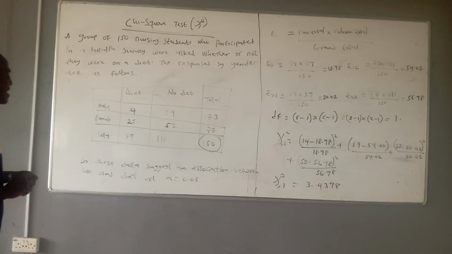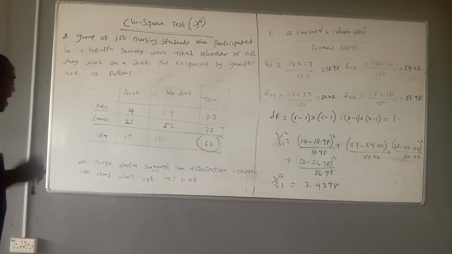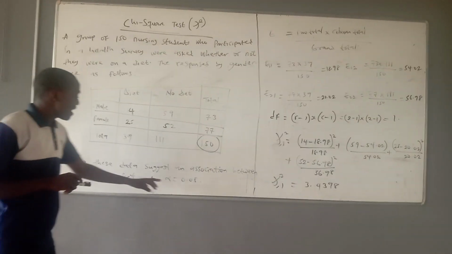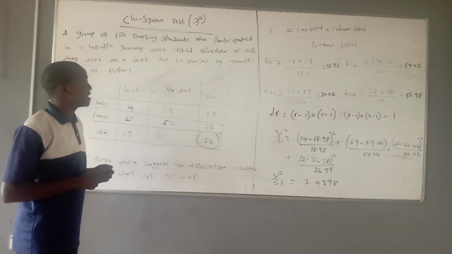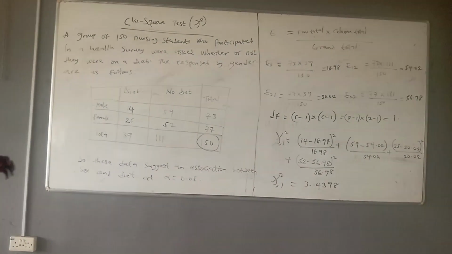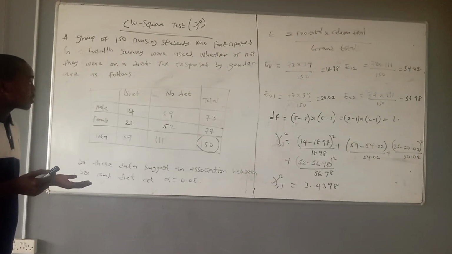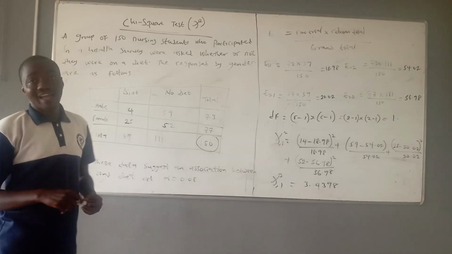Does this data suggest an association between sex and diet at alpha equal to 0.05? Now, what did they ask there? Is there any association between the sex and the diet?